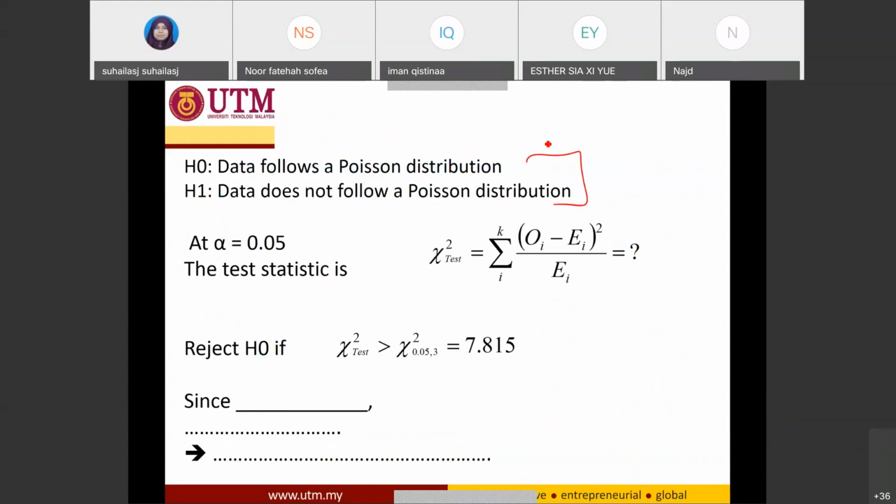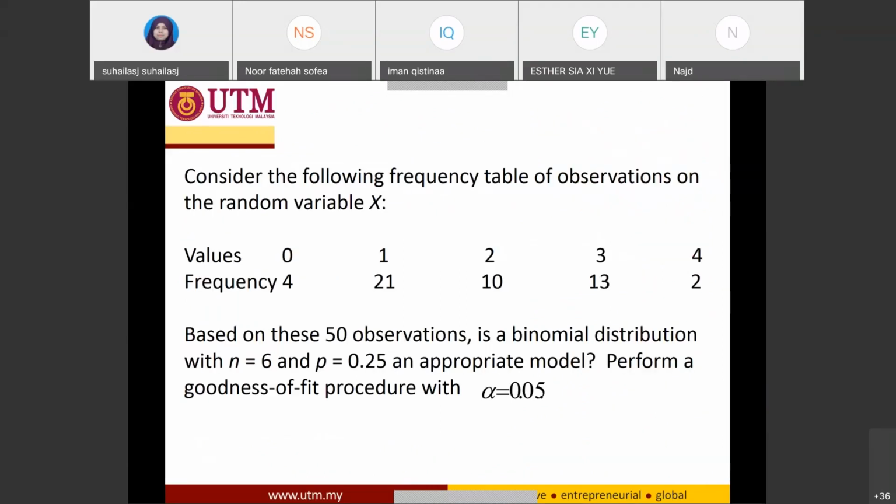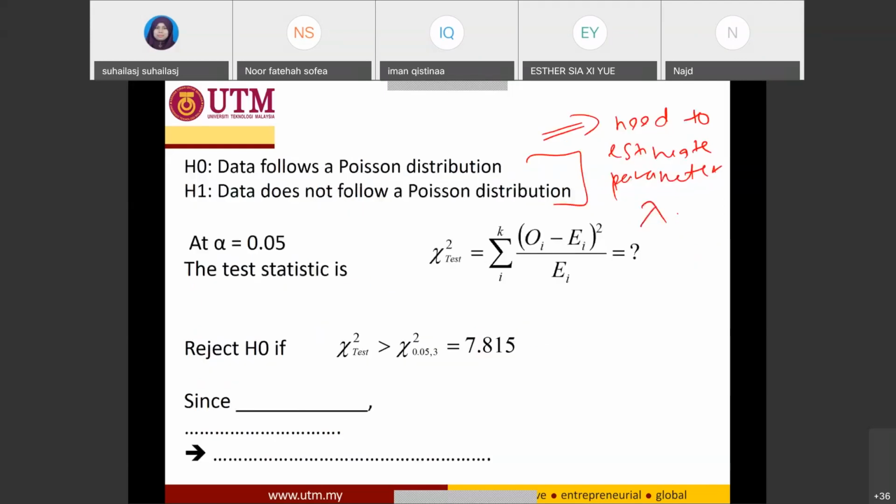So that means we know for this one you need to estimate the parameter. If you calculate this, that means you need to estimate your parameter lambda. Okay, we go back to the module.